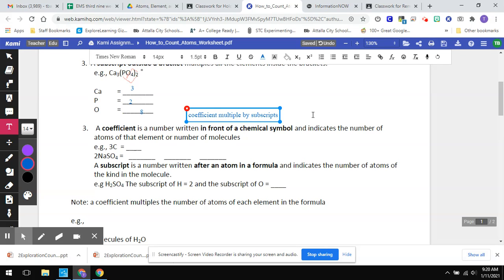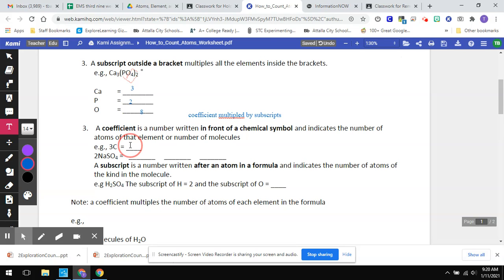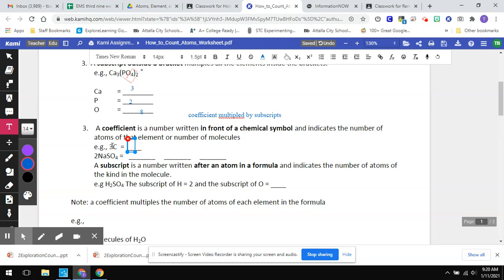Okay, so it's always coefficient multiplied by subscripts is what will happen when you have coefficients. So for this one, you've got 3, and then your subscript for the carbon, since there's not 1 there, it's an understood 1. So 3 times 1, you would have a total of 3 atoms there.